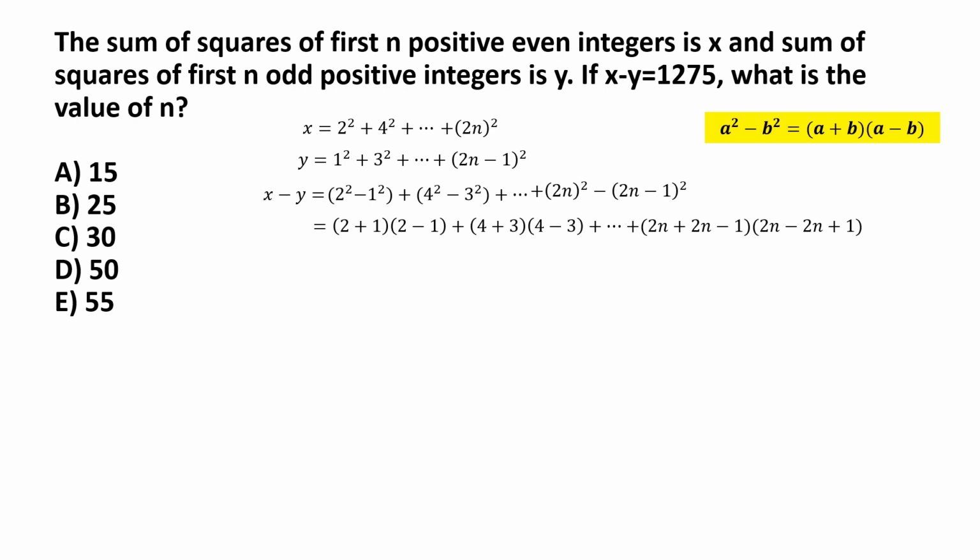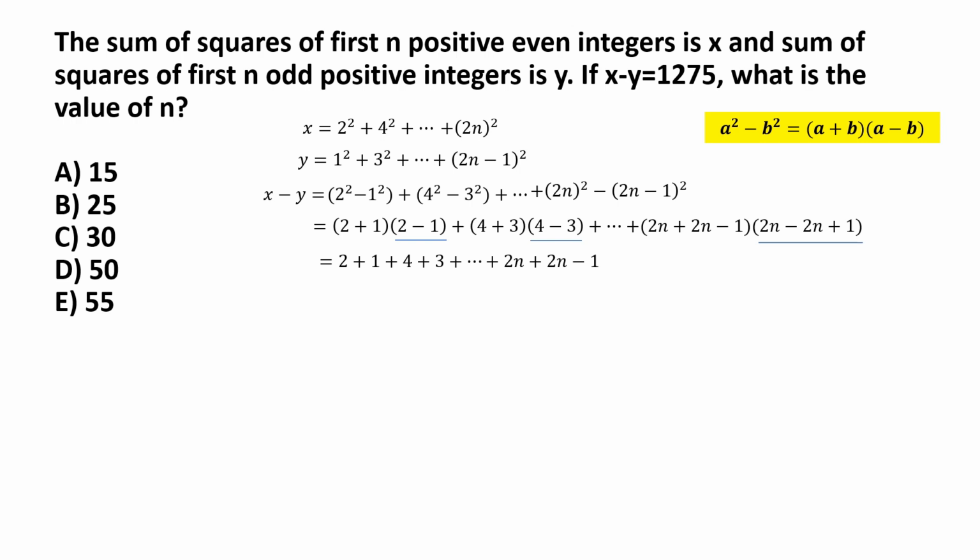And note that the a minus b term in each of these, the term that's underlined, actually becomes simply 1, right? So we can pretty much eliminate that term from the product, and we can write this as simply 2 plus 1 plus 4 plus 3 and all the way till 2n plus 2n minus 1 for the nth term, right?